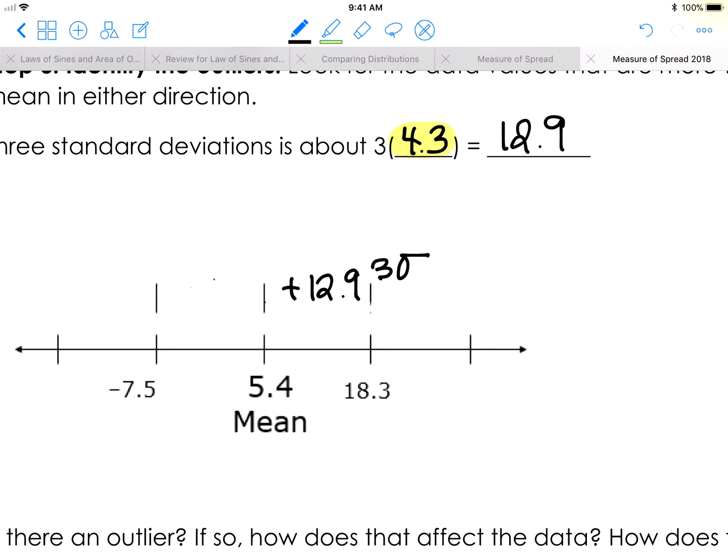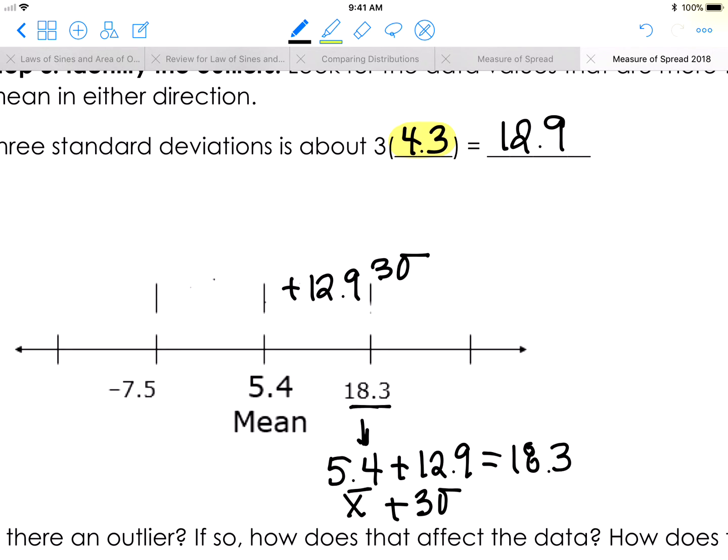That puts us at 18.3 right here. Do you see that? To get that number, we did our mean plus 12.9. So that's your mean plus your 3 standard deviations, which gives you that 18.3.